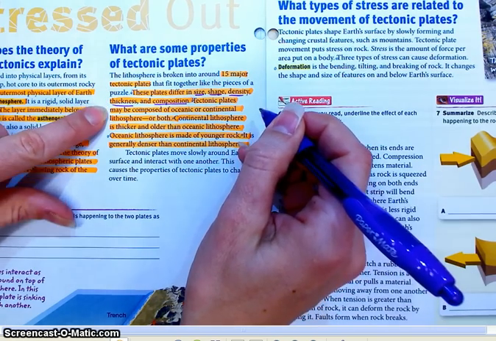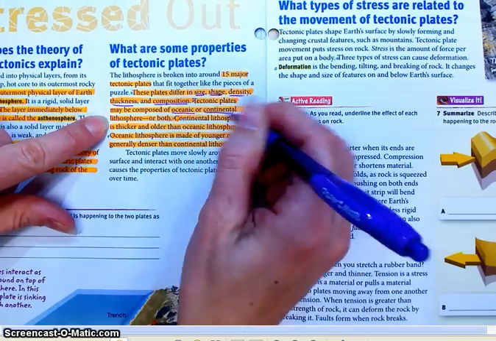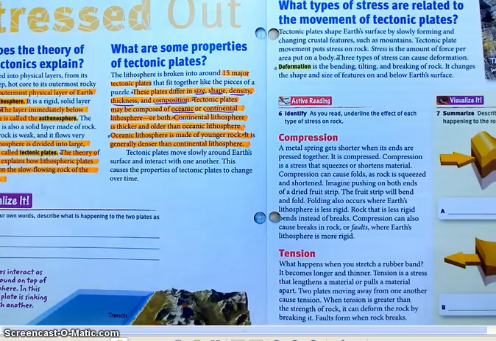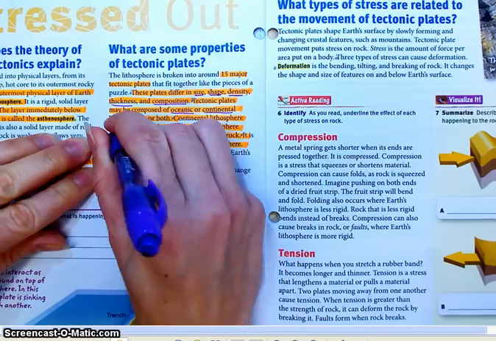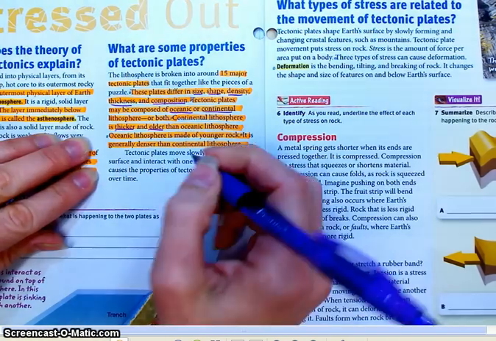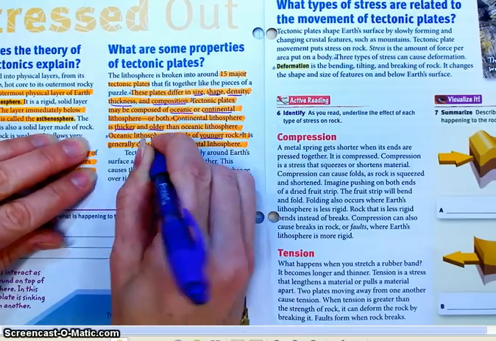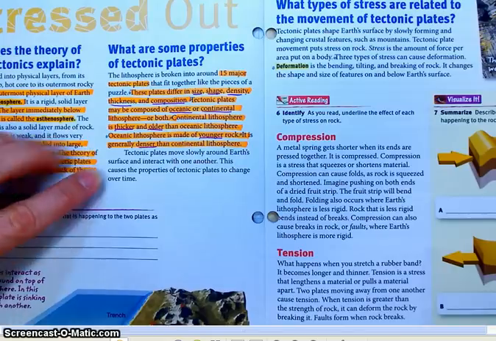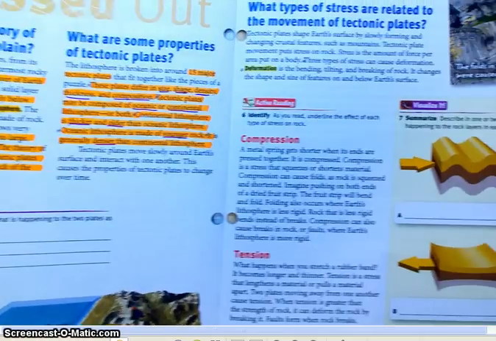Tectonic plates may be composed of oceanic or continental lithosphere, or oceanic and continental crust is what people sometimes say. Continental lithosphere is thicker and older. Oceanic lithosphere is younger and denser. Okay, let's go to page 359.